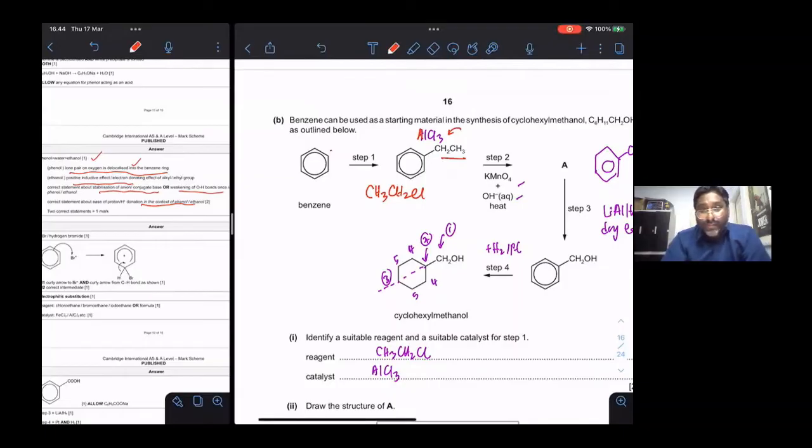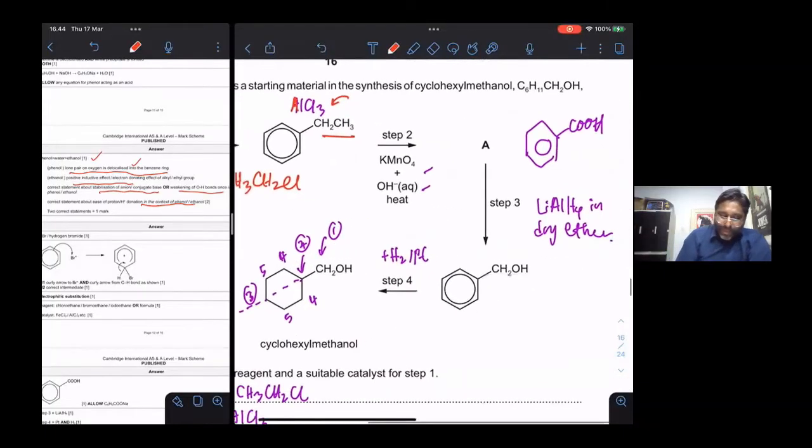Halogen carrier is required. After that, it doesn't matter what kind of alkyl group you have, when you use alkaline KMnO4, then heat and acidify later, you are going to get benzoic acid. So not necessarily 2 carbons; as long as you have an alkyl group over there, it will give you benzoic acid.